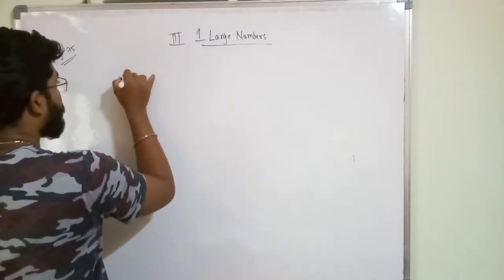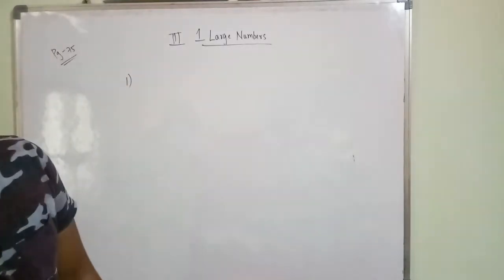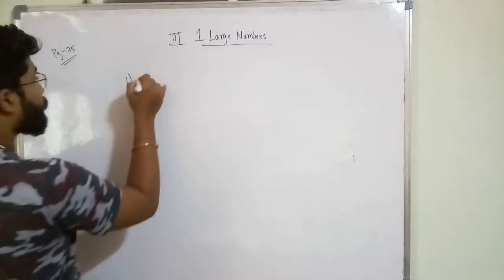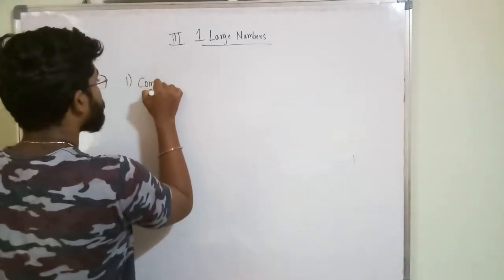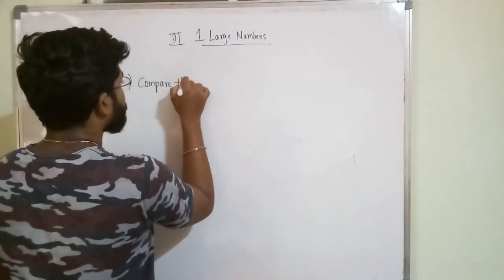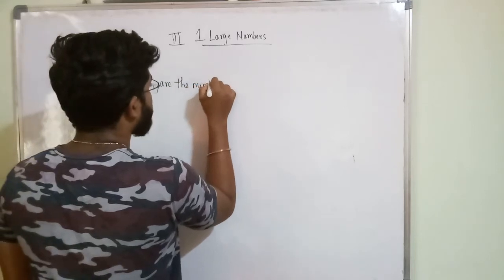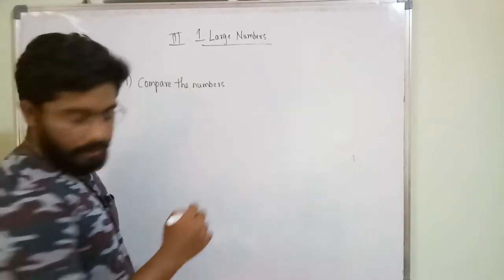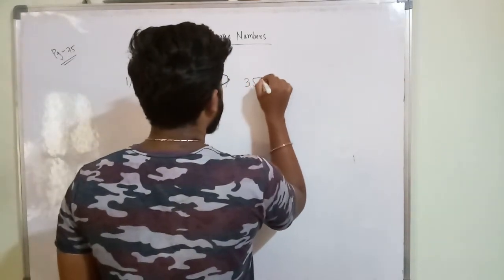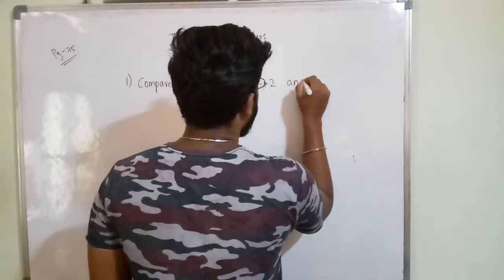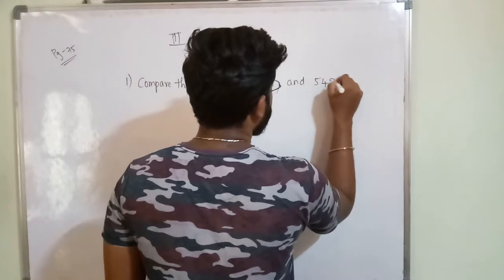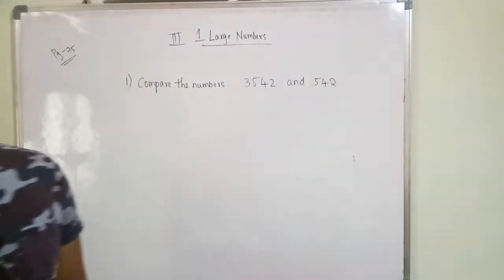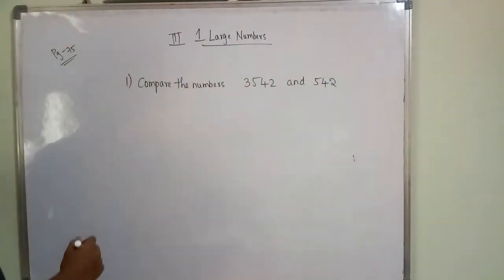First question is compare the numbers 3542 and 542. How do you compare these numbers?